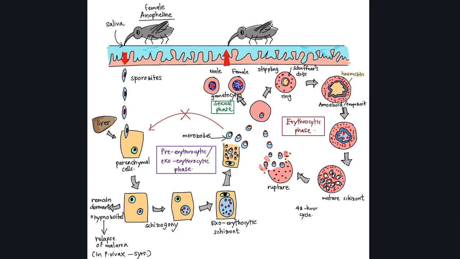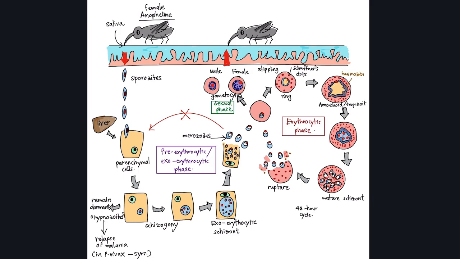And there is also the most virulent one, Plasmodium falciparum, and also Plasmodium malariae and Plasmodium ovale. There is another type, a zoonotic type called Plasmodium knowlesi, but recently it is found that Plasmodium knowlesi is also causing human infections.